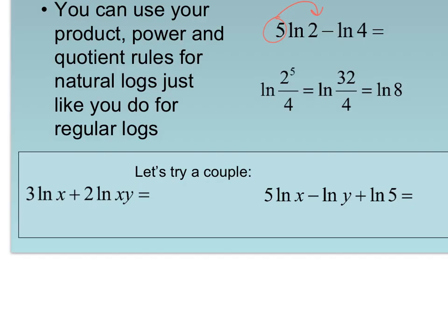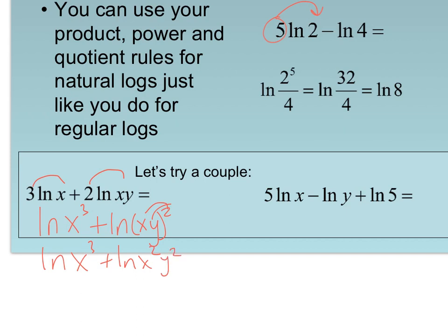So let's try a couple here. If I bring this 3 up to the exponent and bring this 2 up to my exponent, I'm going to have natural log of x cubed plus natural log of xy squared. And you could distribute that squared into the x and the y. So I'm going to have natural log of x cubed plus natural log of x squared y squared.